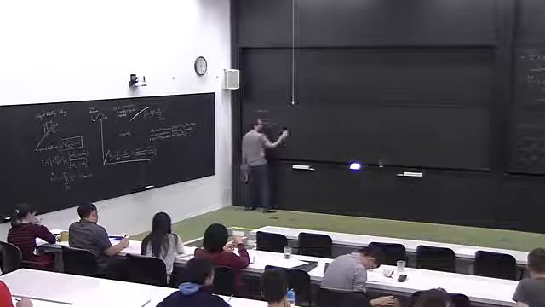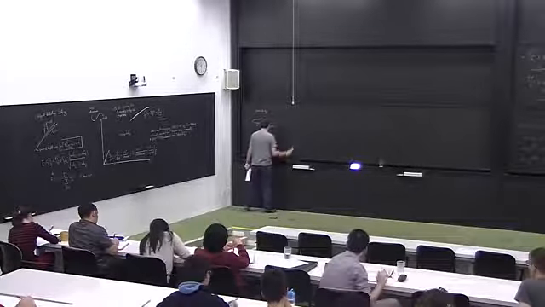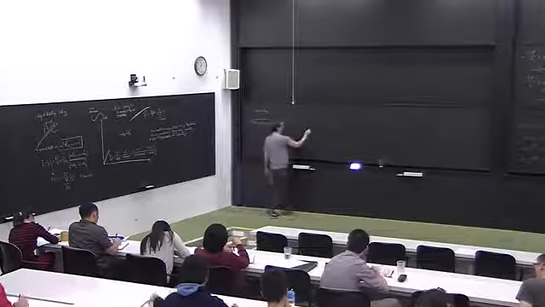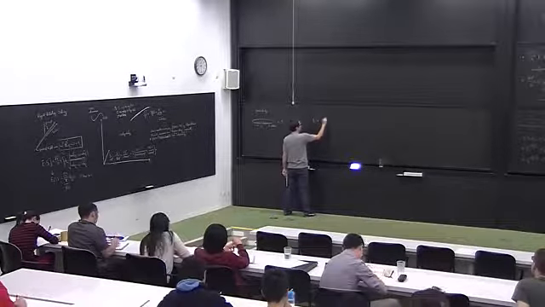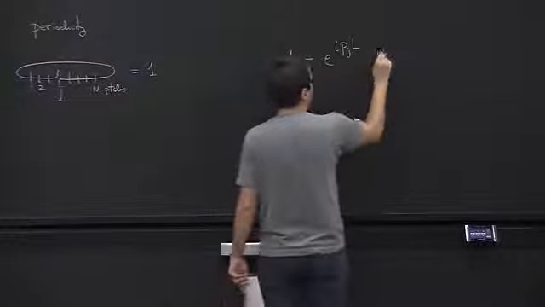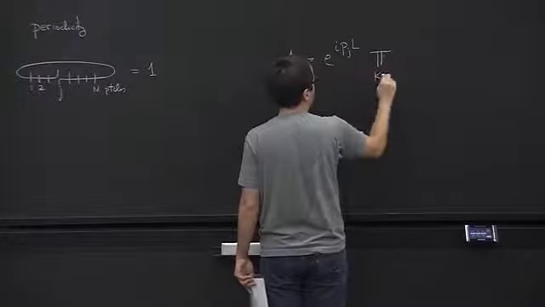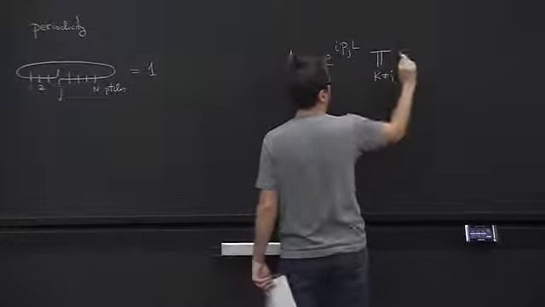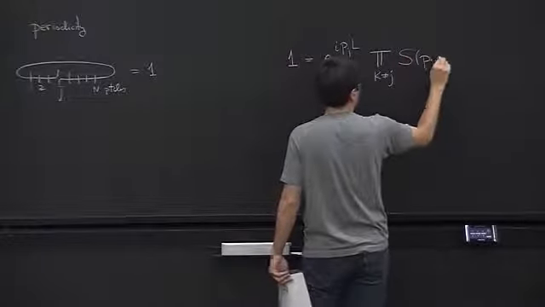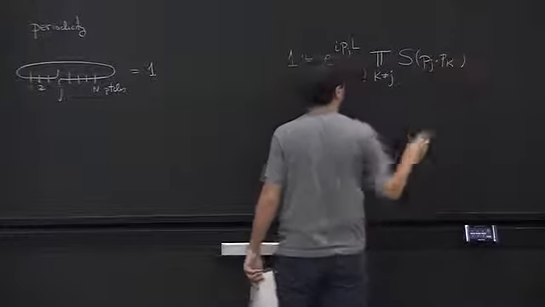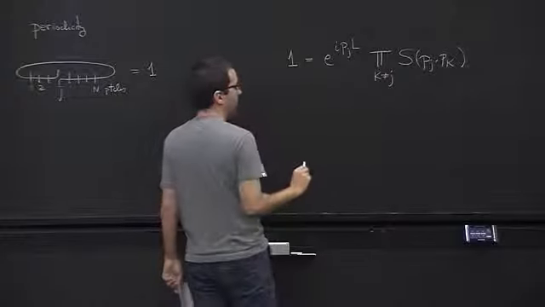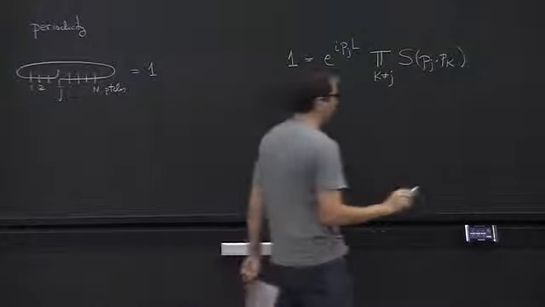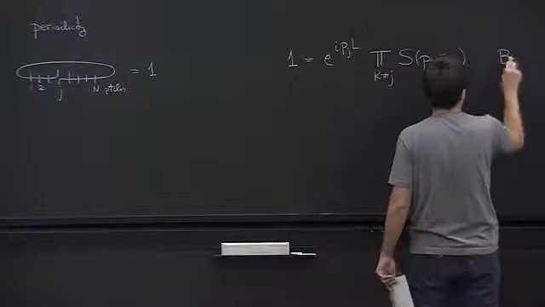And therefore the equations you expect are 1 is equal to e to the i p_j L, times the product over k not equal to j of S(p_j, p_k). This quantizes the momenta. This is what you need to solve. These are what are called Bethe equations.